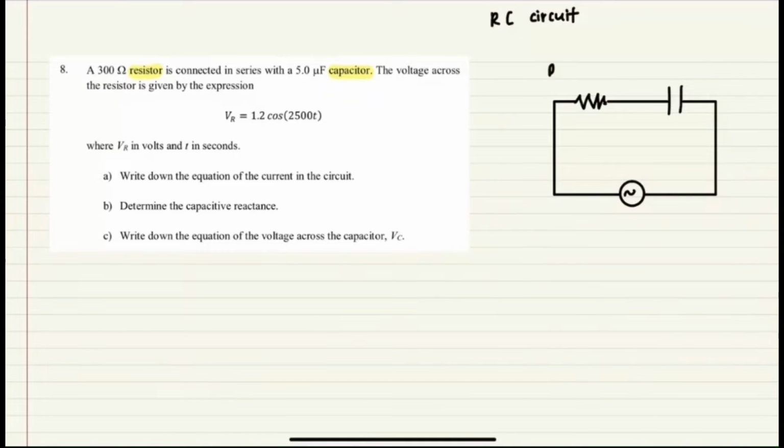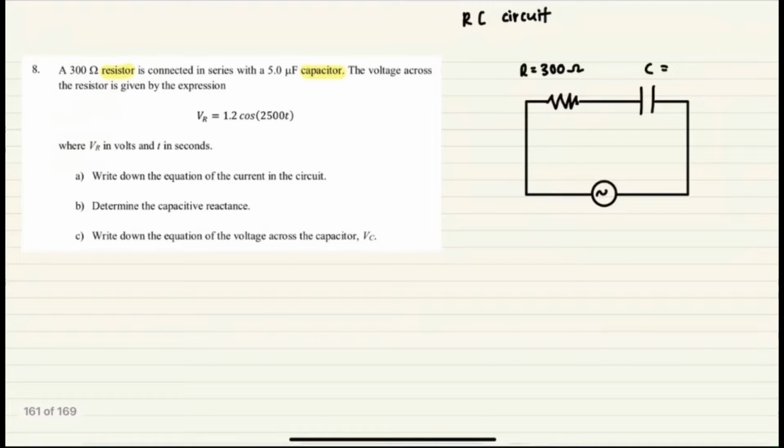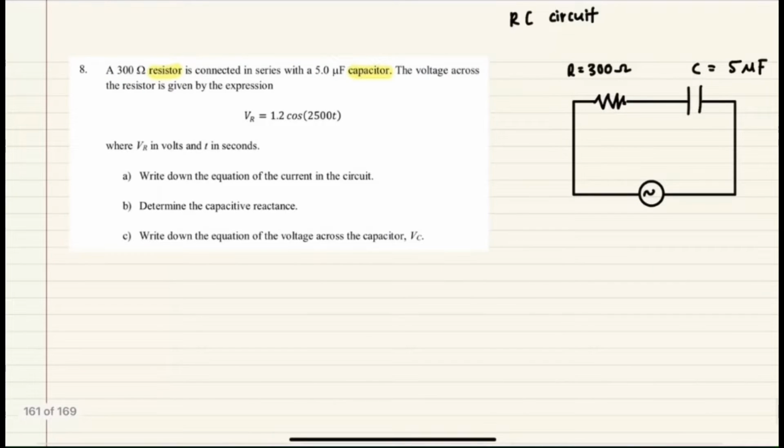For example, R equals 300 ohms. For the capacitor, look at the unit: since this is farad, it is C. If the unit is ohm, that is XC. Usually they give C. Or, if it is henry, it is the inductor L. They rarely give XL with C. Okay, the voltage across the resistor is given by the expression VR.